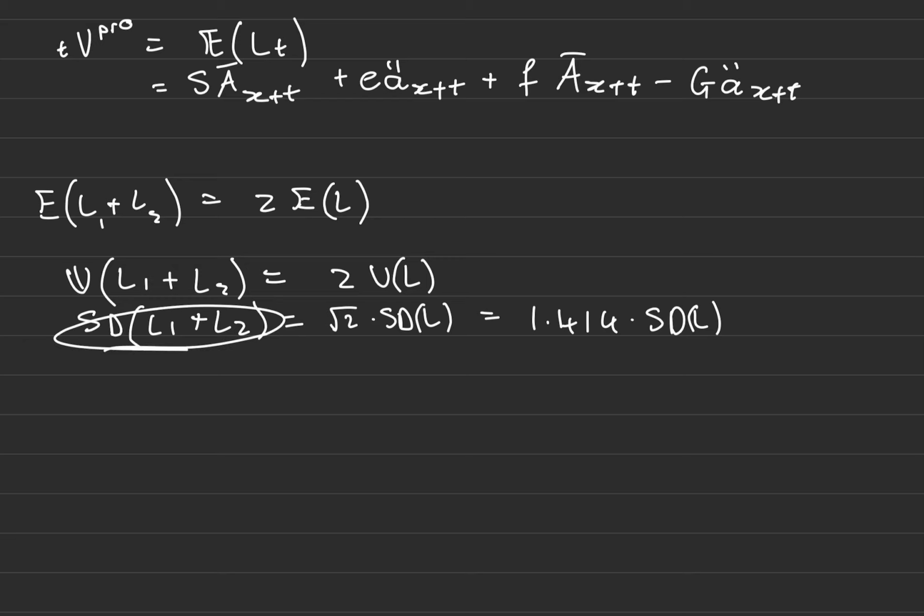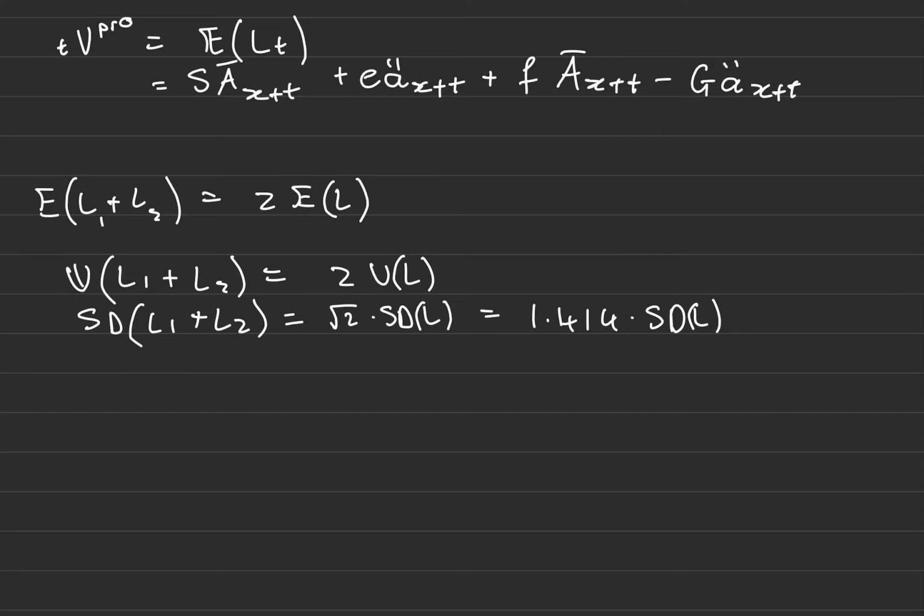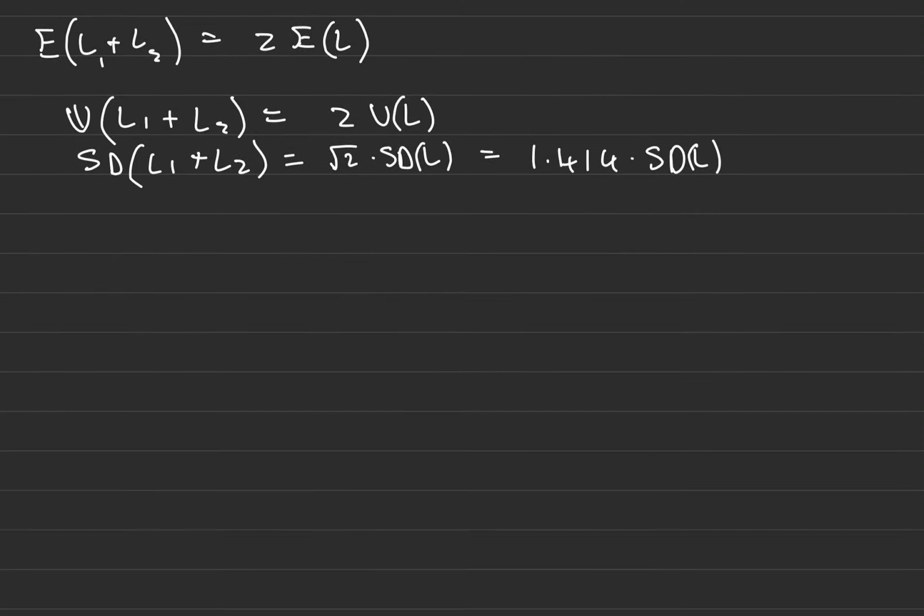The standard deviation of 2 losses is equal to 1.414 times the standard deviation of one loss, which is less than 2 times the standard deviation of one loss. So let's explain this with the graph here. Basically, the variability here has decreased due to the effect of the law of larger numbers.